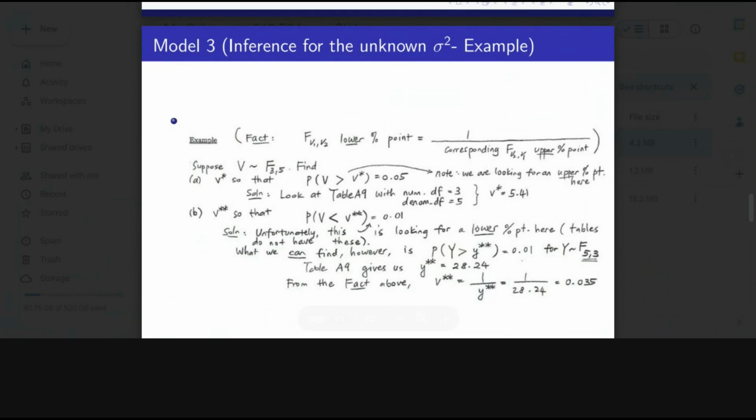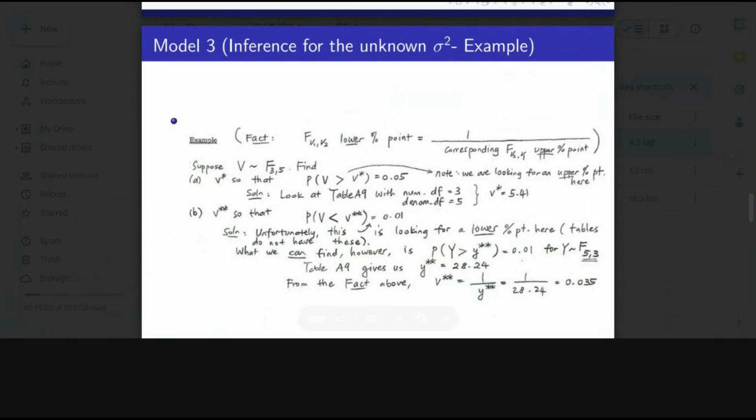So go and find the 1% area on the right for an F53 first. That gives you 28.24. Then the thing that you want is 1 upon that. It's quite complicated, but it's actually not.